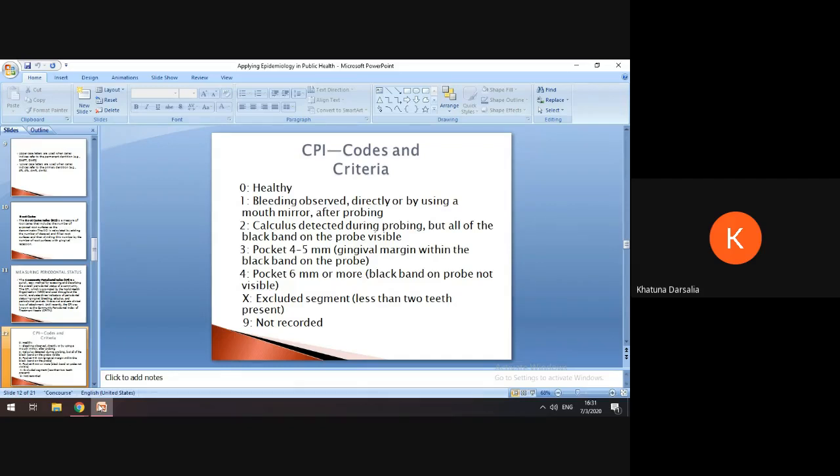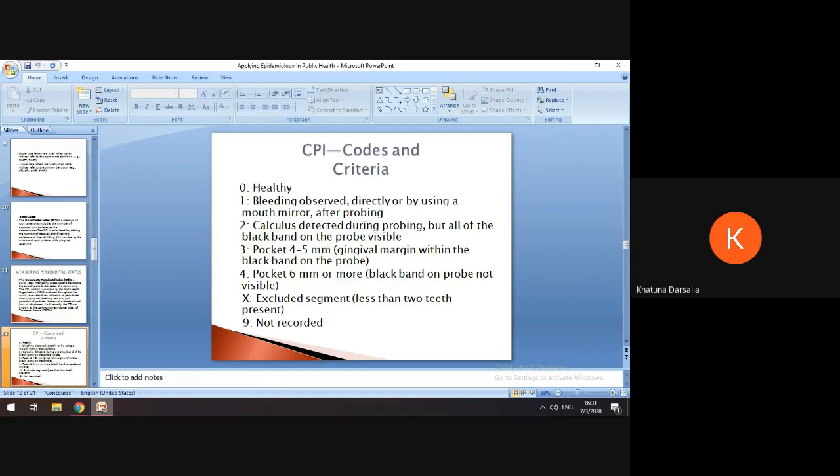Then pocket 4 to 5 millimeters: the gingival margin is within the black band on the probe. And pocket 6 millimeters or more: black band on probe not visible. Excluded segment: less than 2 teeth present and not recorded.